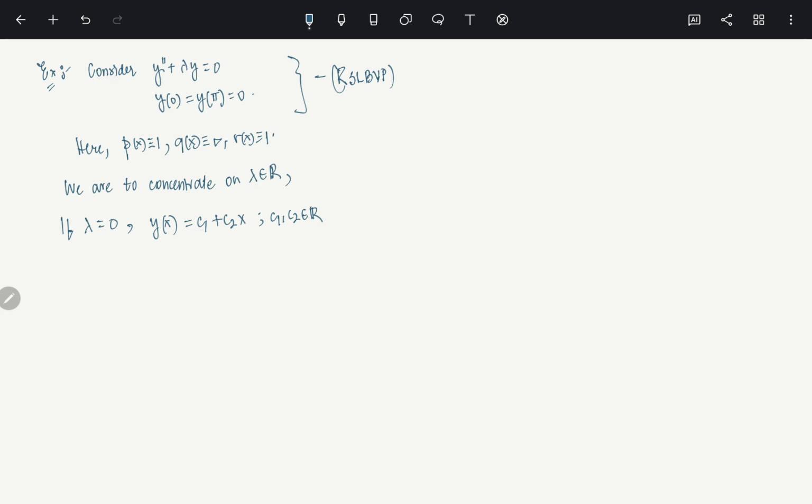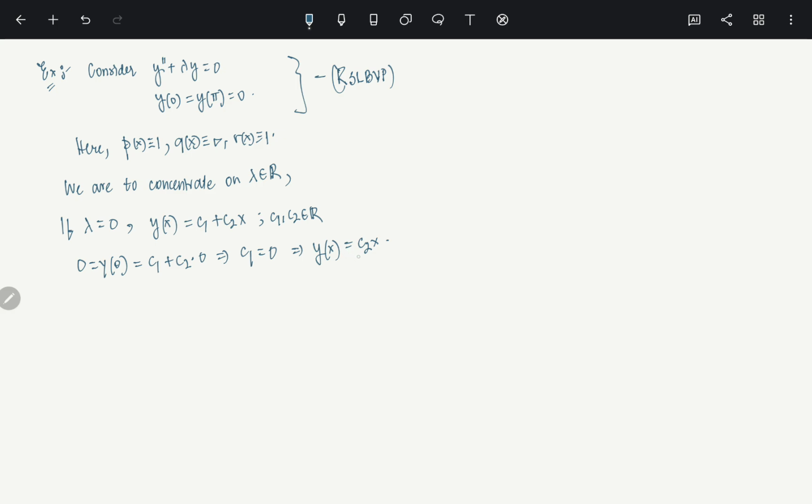It has to satisfy these two conditions. 0 equals y at the point 0, that is nothing but c1 plus c2 times 0, which gives c1 is 0. Now if c1 is 0, then y of x is c2 times x.